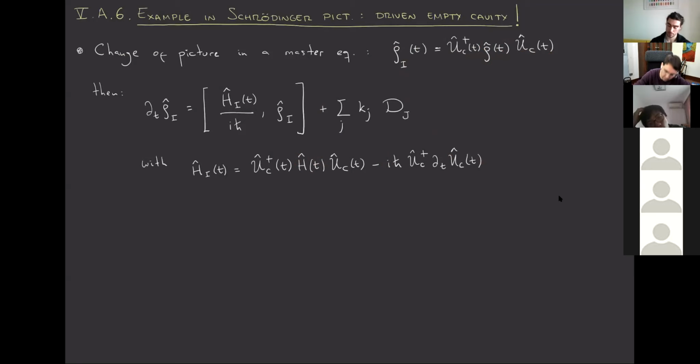So here we will have the jump operators J, and this will be acting on the intermediate picture state. But now these operators J will be transformed, okay? So let me call them J in the interaction in the intermediate picture, and they might depend on time.